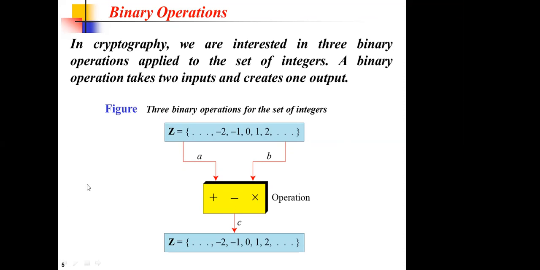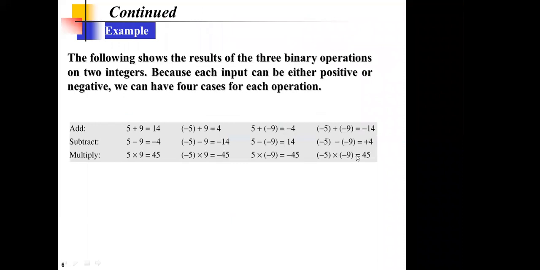If we pick a number a from Z, and pick another number b, we can operate on a and b with the operators addition, subtraction, or multiplication, and you get the result c, which is also in the set Z. So when I do integer arithmetic, the result is also in the set Z. Suppose 5 plus 9 is 14, and if it's minus 5 plus 9, we are actually dealing with addition.